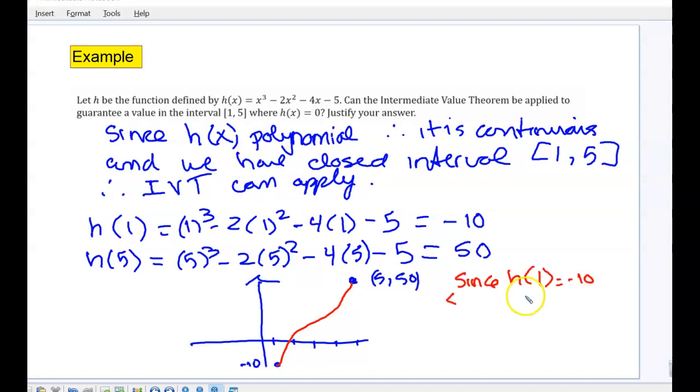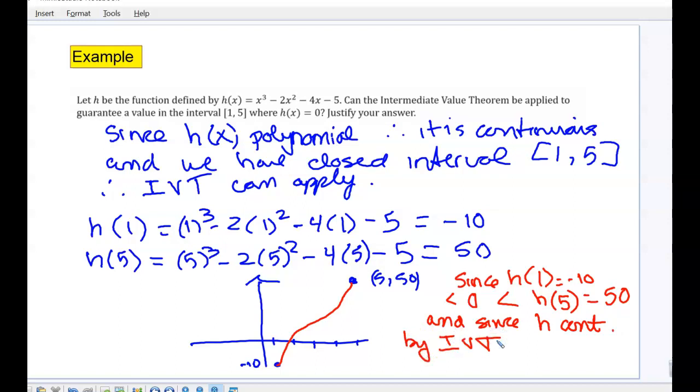So we can write, since h of 1 equals negative 10, that is less than 0, which is less than h of 5, that equals 50, and since h is continuous, by the intermediate value theorem, there exists an x, 1 less than x less than 5, such that h of x equals 0.